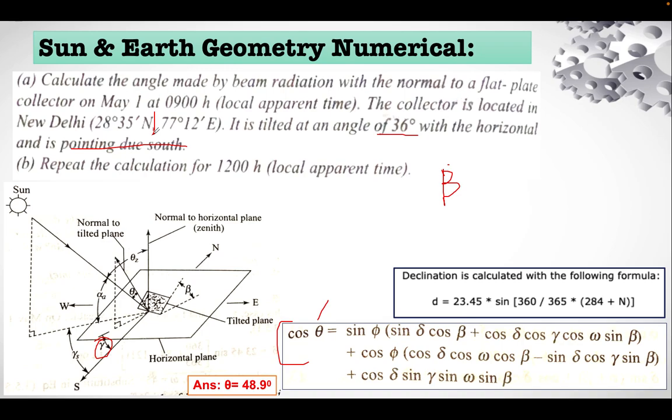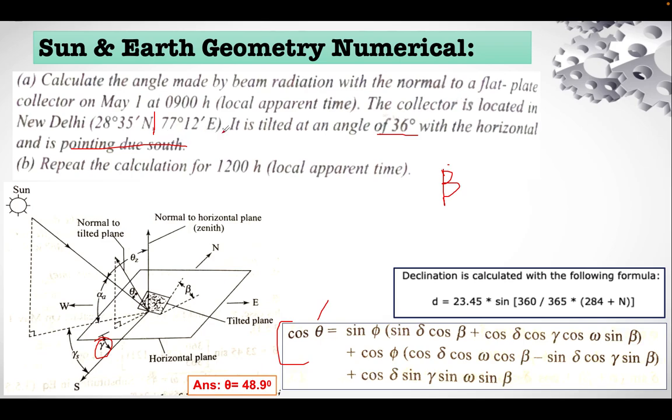If the location is in the northern hemisphere, we say it is on the north side, and if it is in the southern hemisphere, we consider it south. So here it is given 28 degrees 35 minutes north. That is your latitude.